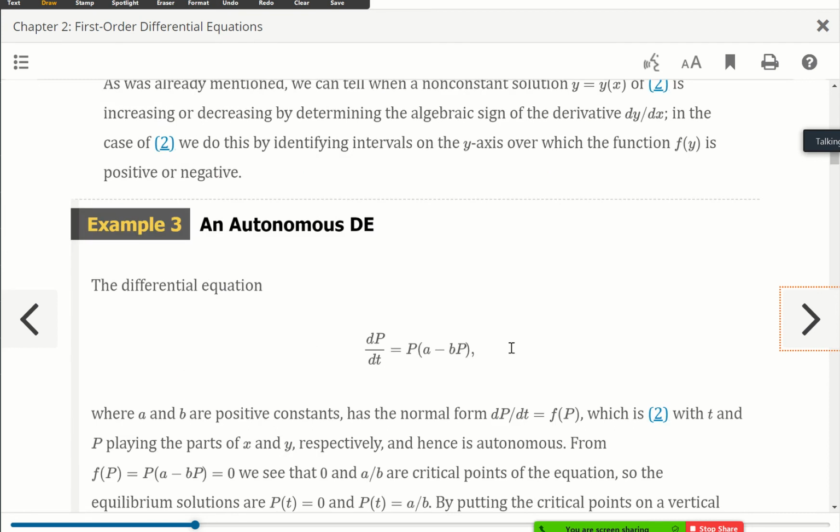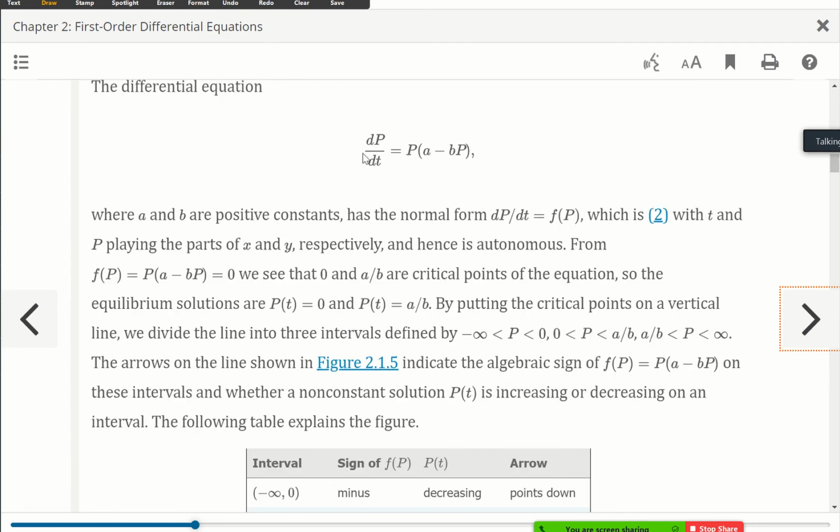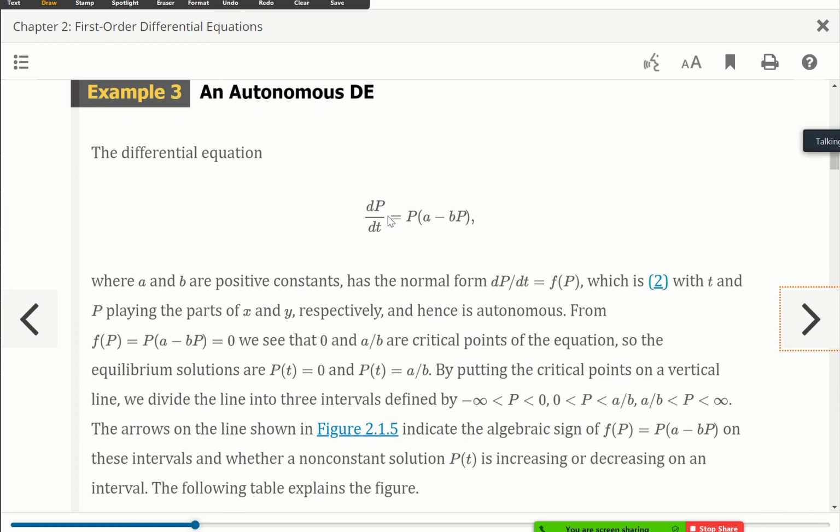Let's take a look at an example of one of these, and let's find some of our equilibrium solutions. Let's suppose we had the first order autonomous differential equation dp dt equals p times a minus b times p, where we're going to make the assumption that a and b are both positive constants. So this function p, we think of it as being a function of t. The independent variable t does not appear anywhere on that right hand side, so it is autonomous.